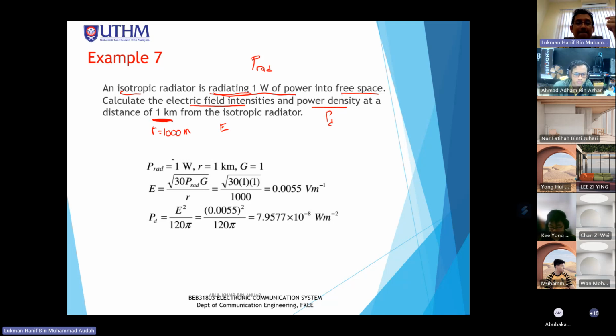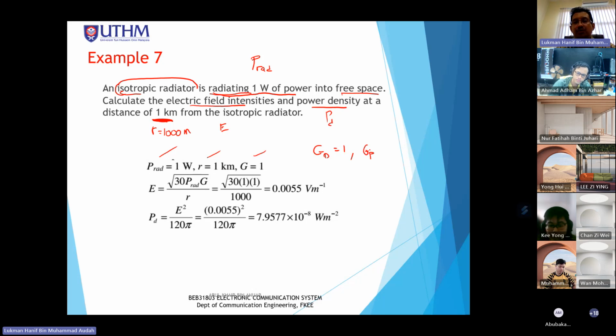We must use the meter, not kilometer. So you are given P radiation, the distance 1000 meter, and also the gain. So how can we know the gain? Since this is an isotropic radiator, the directivity gain is equal to 1.